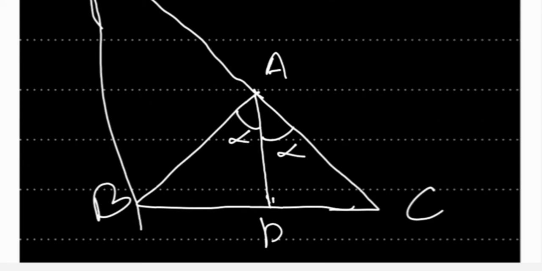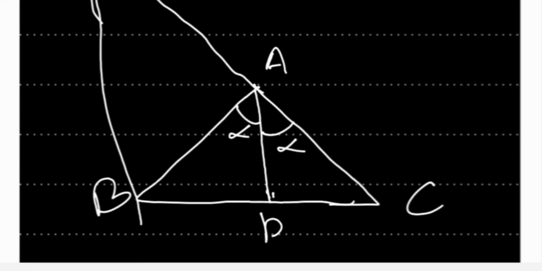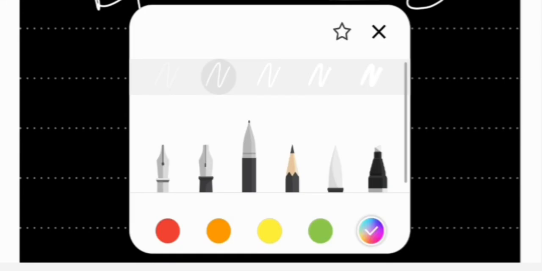Remember that I told you that these two lines are parallel. Why is this important? Because now another thing for you to remember, okay? So this is more about a review question. So look, if you have two lines that are parallel and there is a line that is cutting them, so this angle is alpha, this too would be alpha.